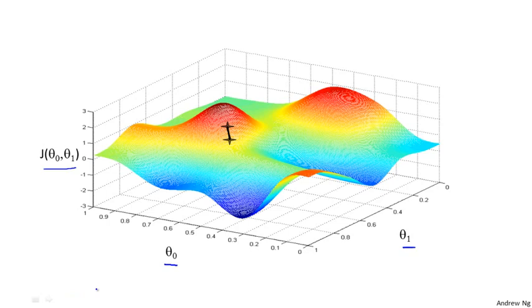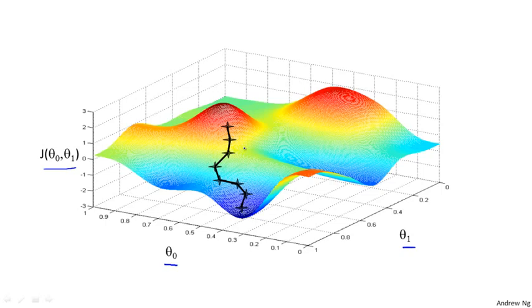Okay? And now you're at this new point on your hill. You're going to again look all around and say, what direction should I step in order to take a little baby step downhill? And you take another step in that direction. And then you keep going. From this new point, you look around, decide what direction will take you downhill most quickly, take another step, and so on, until you converge to this local minimum down here.